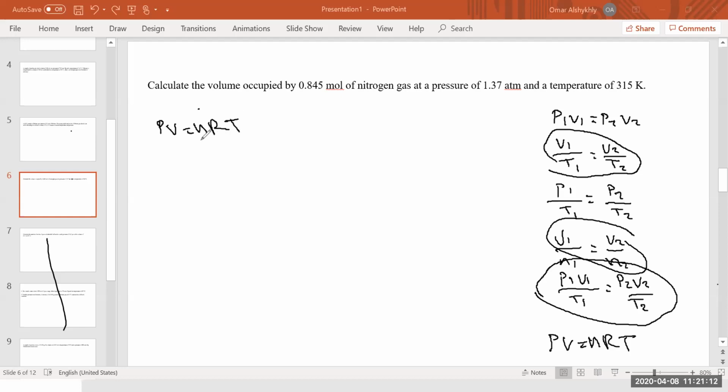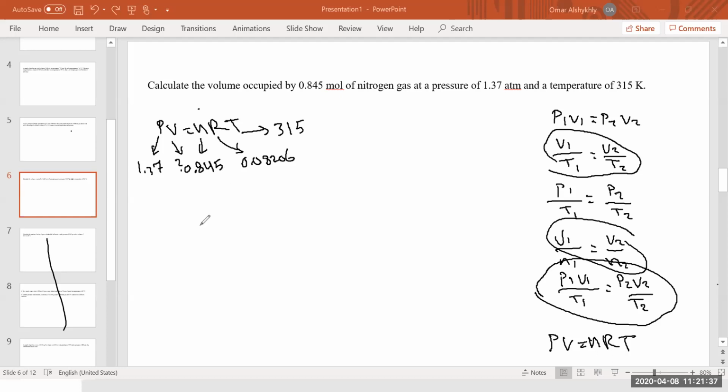We give you the number of moles, 0.845. R is a constant, 0.08206. Temperature, you have to do it in Kelvin, it's already in Kelvin, so 315. And here, we give you 1.37 atmosphere. And they ask for the volume.